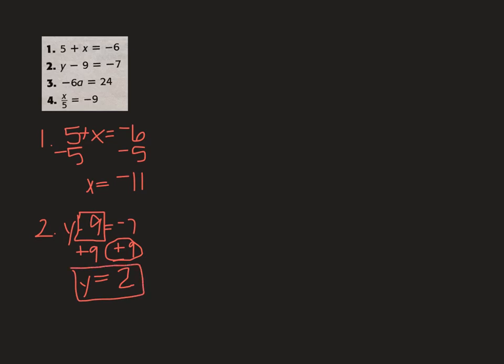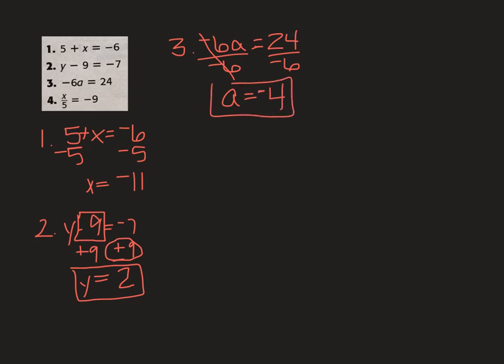All right, number 3. Negative 6a equals 24. Divide both sides by negative 6. And I would get a is equal to... 24 divided by 6 is 4. There's one negative, so negative 4. Number 4, x divided by 5 equals negative 9.